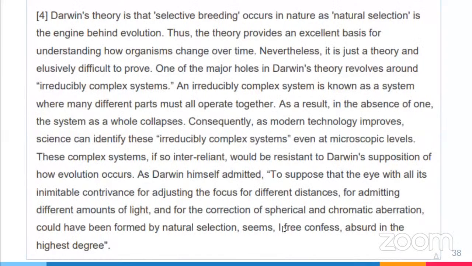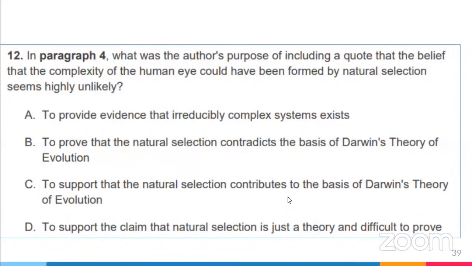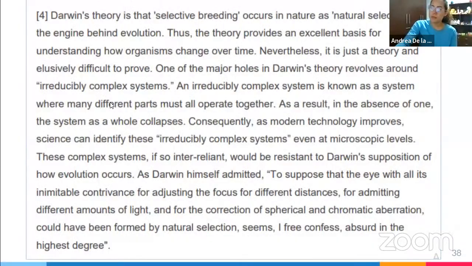Maybe it is option D. Yes, that makes sense, because if we continue reading, they say thus, the theory provides an excellent basis for understanding how organisms change over time. Nevertheless, it is just a theory and elusively difficult to prove.